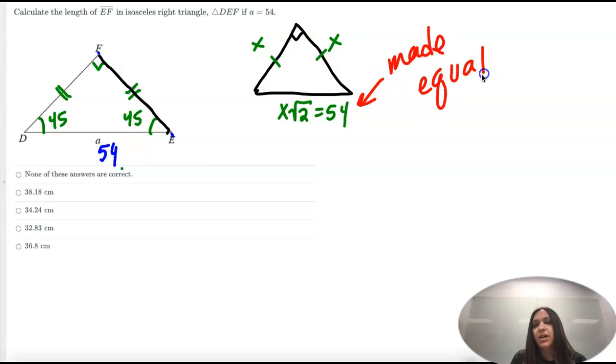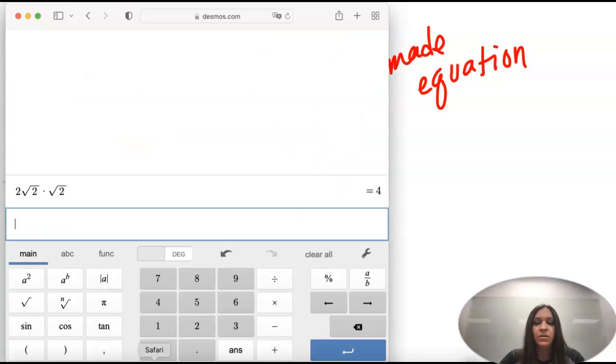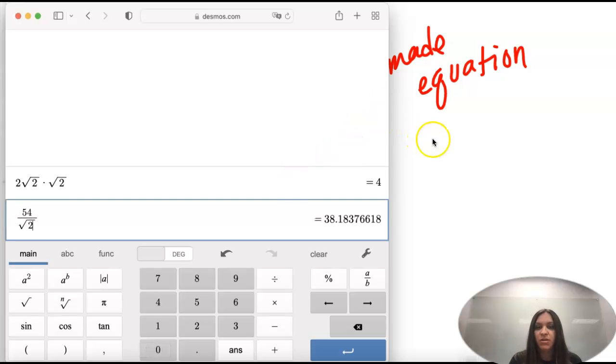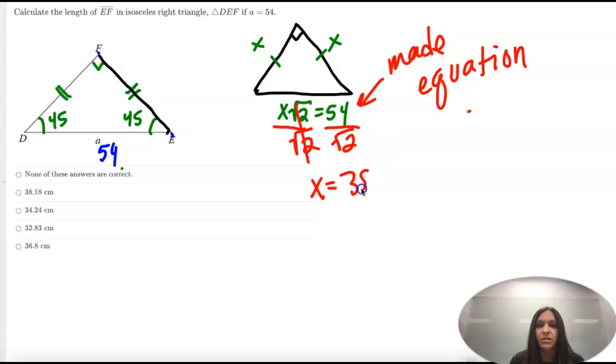Now I can solve for x. So to get x by itself, I would divide both sides by the square root of 2. So x equals 54 divided by square root of 2, 38.18. Right here.